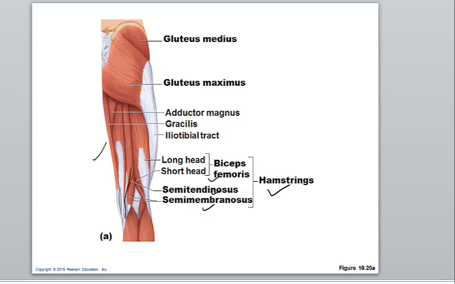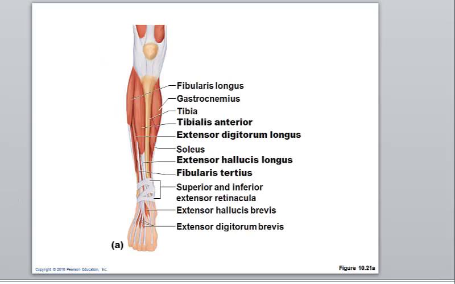Extending your thigh means the thigh goes backwards, and flexion of your knee means the leg is pulled upwards. So that's the function of the hamstrings that you have in your body. Now let's look at your leg movement muscles, and also the anterior and posterior view of the muscles.